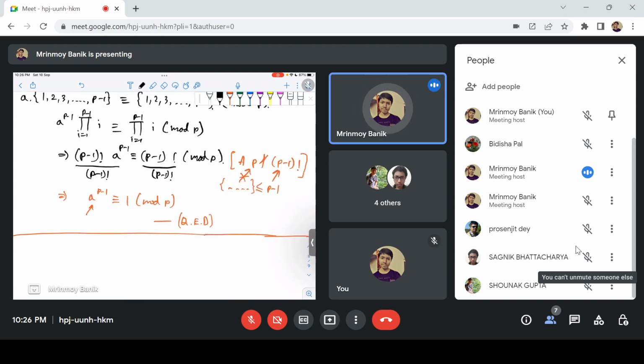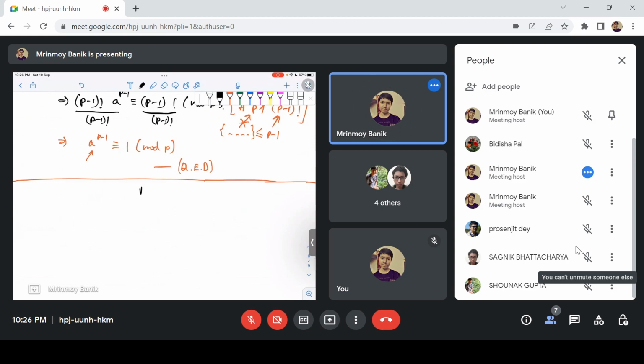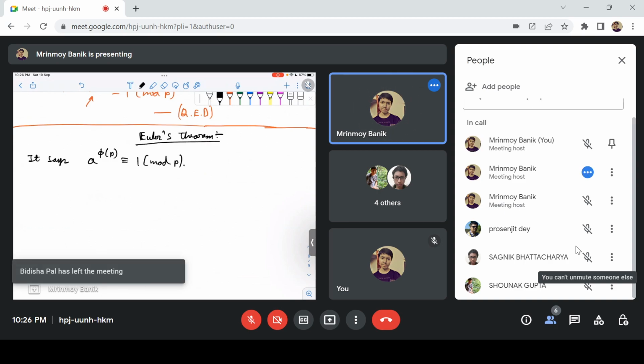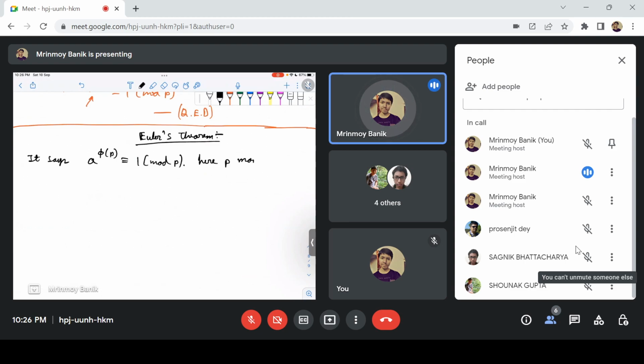Okay, so the next theorem we have is Euler's theorem. Then we'll move on to problem solving. This is also pretty similar to the last theorem. It says a power phi of P is congruent to 1 mod P. Here P may or may not be a prime.